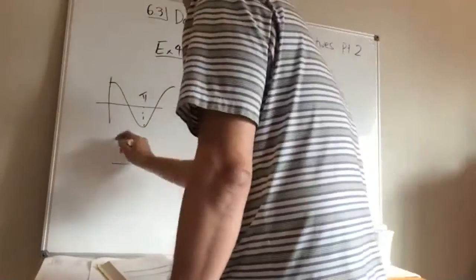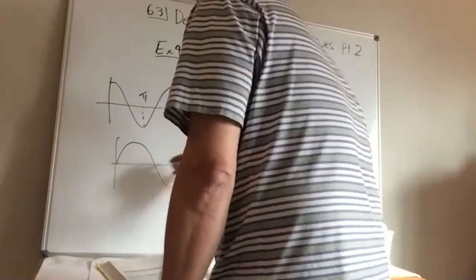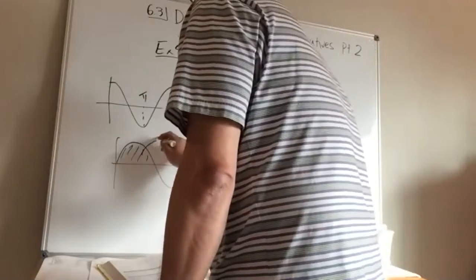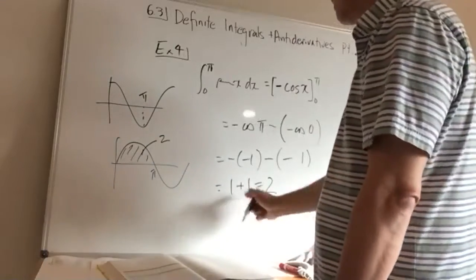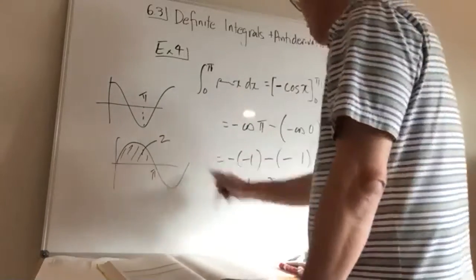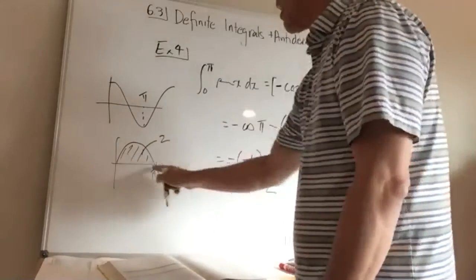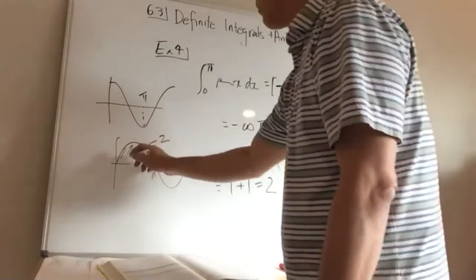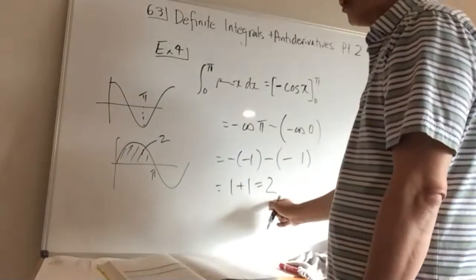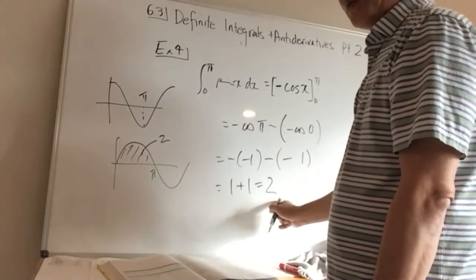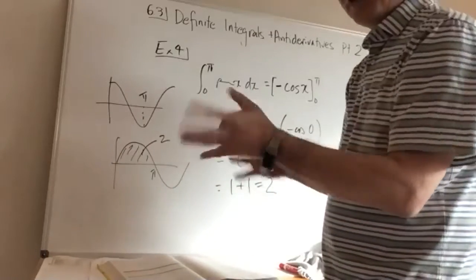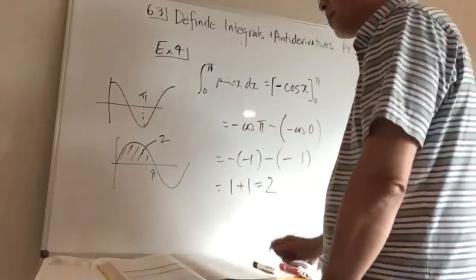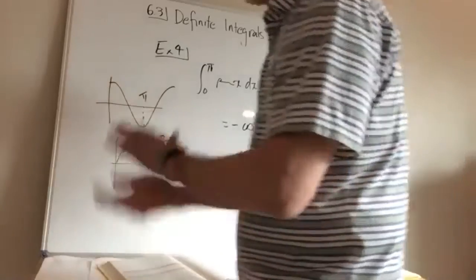We did the exploration, and we said if you're here, this was going to be 2, remember? Indeed, it is 2. From 0 to pi, the area underneath the sine x curve is 2. So that ties back to when we did the exploration. Okay, all right, we're done for the day.